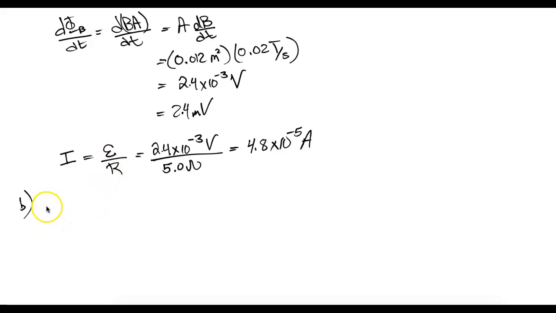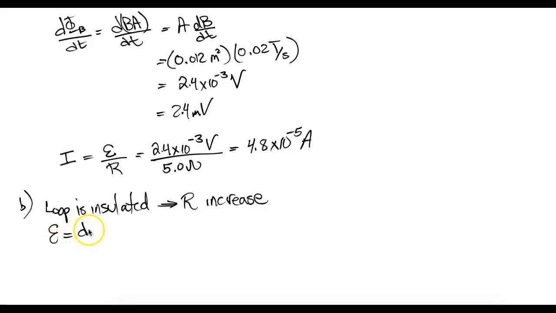So, let's write this down: loop is insulated implies that resistance will increase. The fact that the EMF is the rate of change of the magnetic flux with respect to time, this will remain constant.